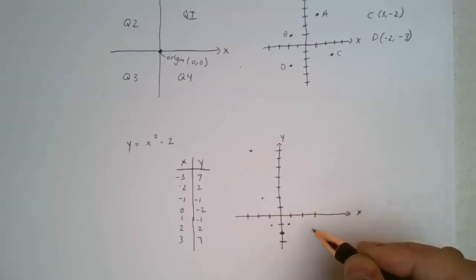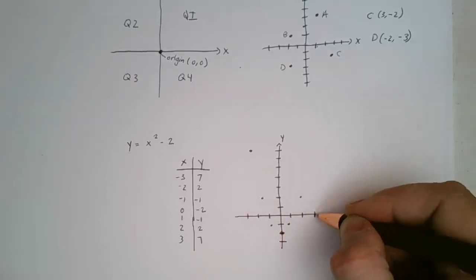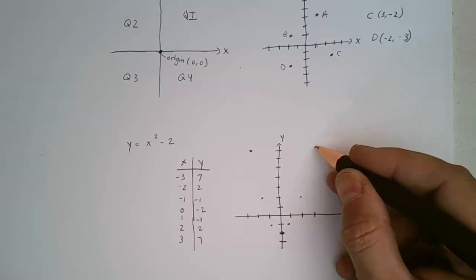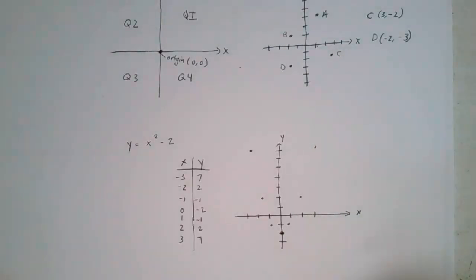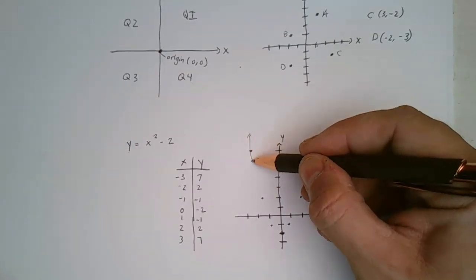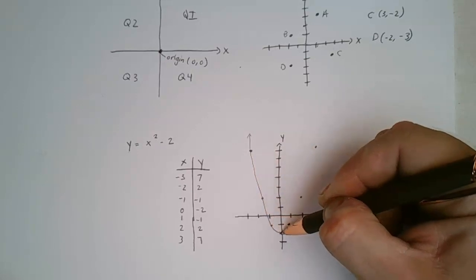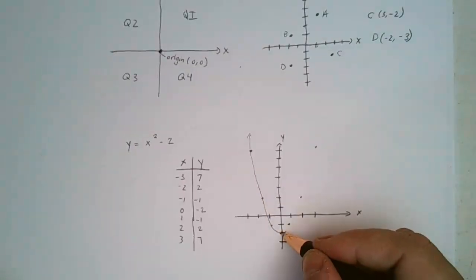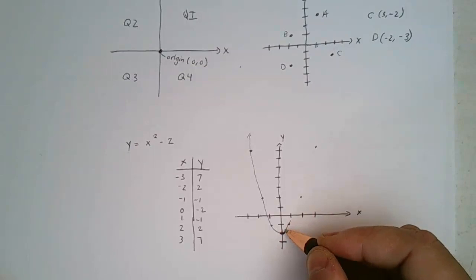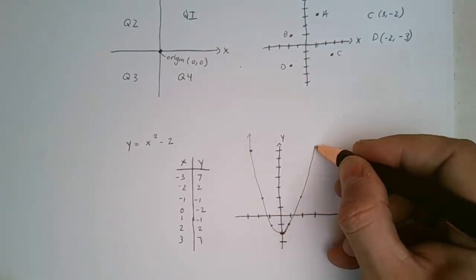Let's put that more centered. And then that. And then that. Something like that. And you can see the shape of this graph from those points. It's really steep, and then it curves, and it turns and it goes something like that.